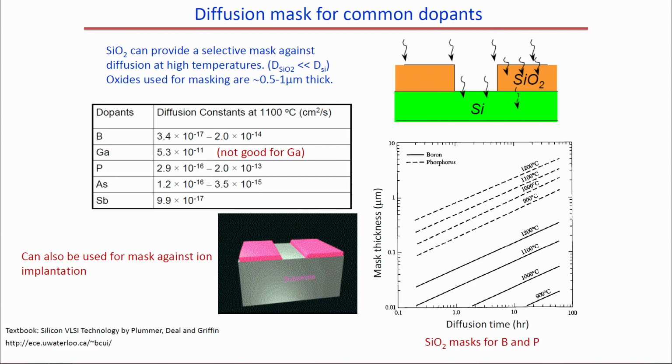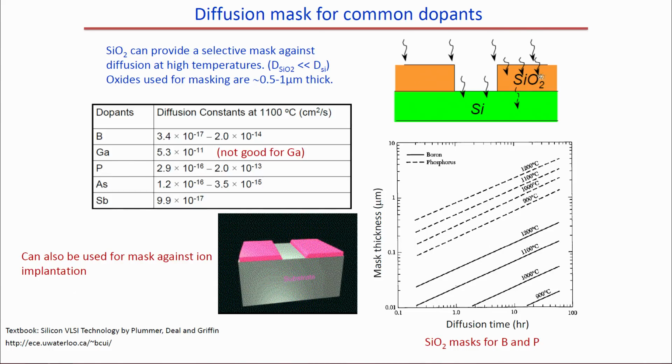The use of a diffusion mask for common dopants is that it will not allow the dopant to enter through the mask, and this diffusion mask can be designed using silicon dioxide, as you see in the figure.